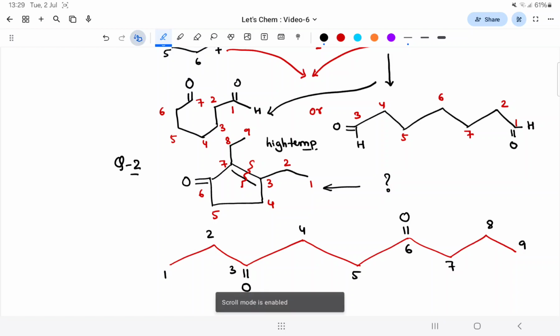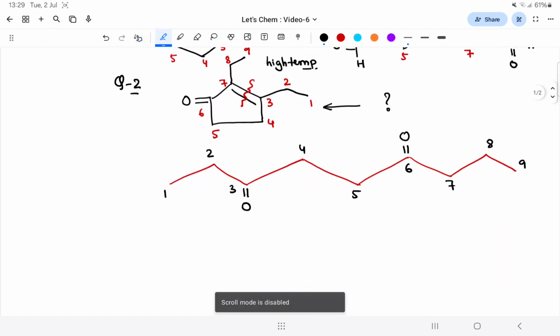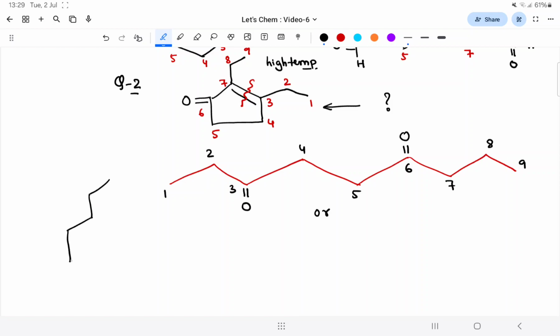Okay, same structure you can also draw in another way. How can we draw the same structure? Or we can also draw the structure like this if you want, just showing you how the reverse of condensation is happening here. So this is 1, 2, 3, 4, 5, 6, 7, 8, 9.